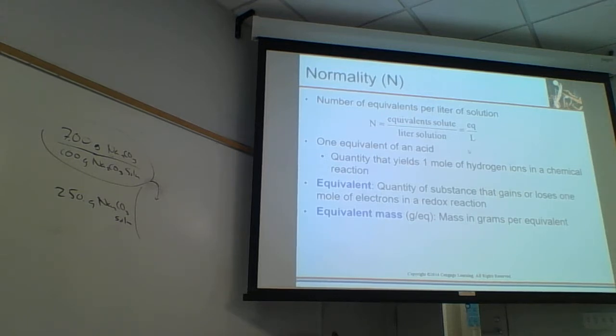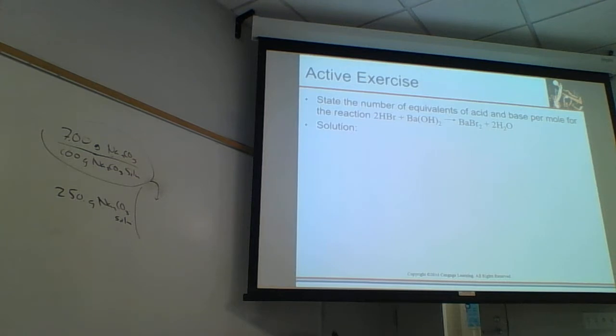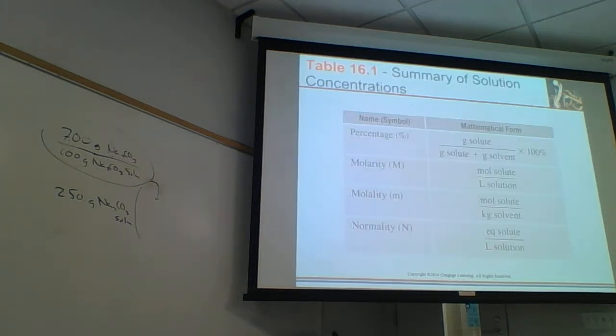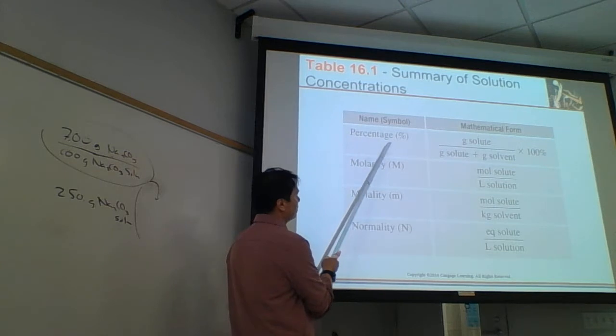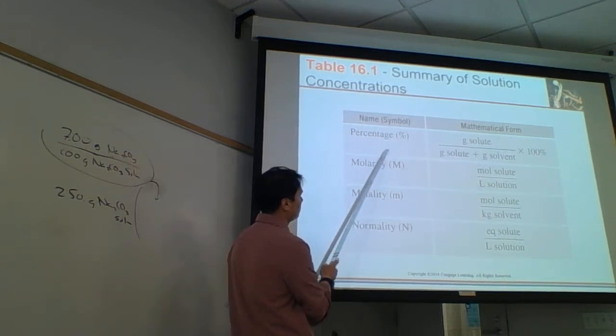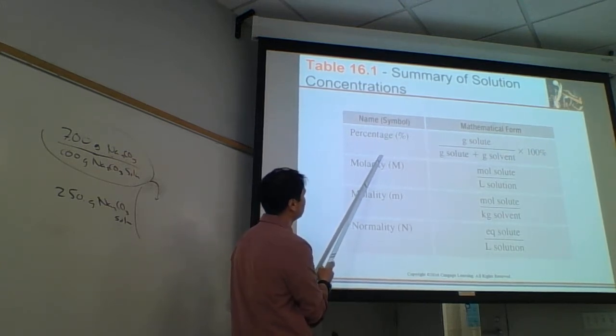Normality, we're going to skip it. Normality is, if you do a lot of titrations, you might use normality. So skip normality. The ones we do are percentage, and percentage is part per 100. We can also do part per million, part per billion, part per thousand, whatever.